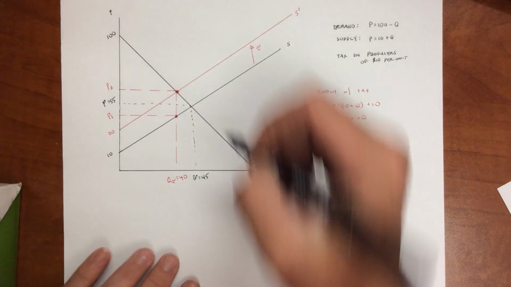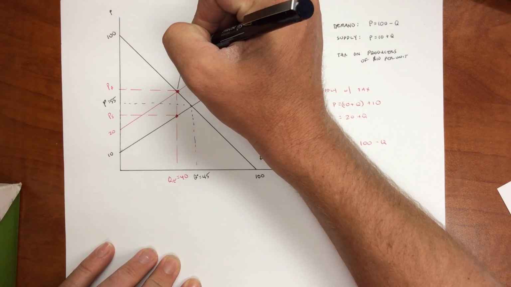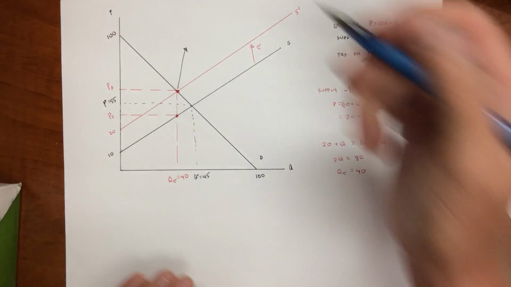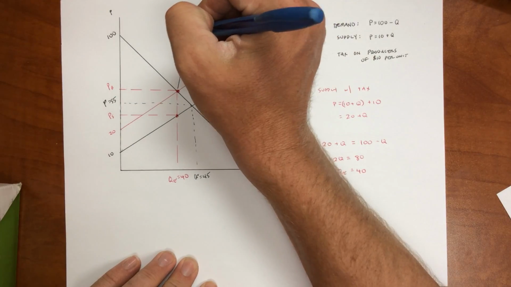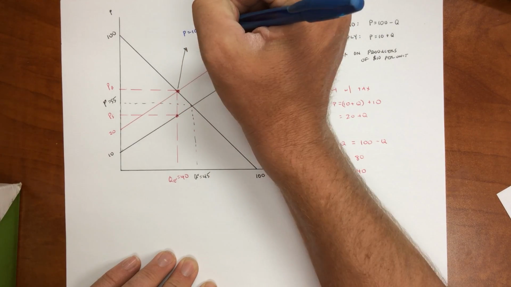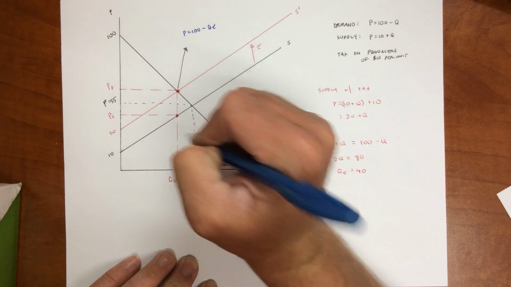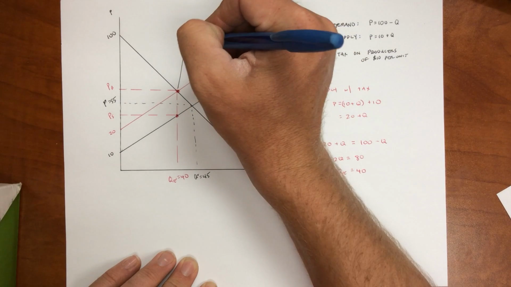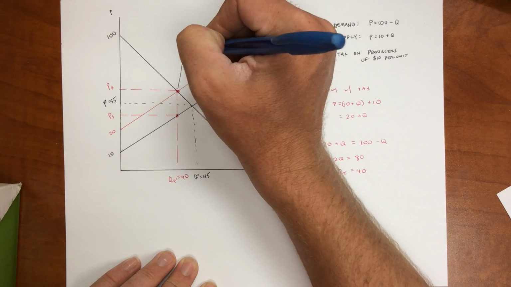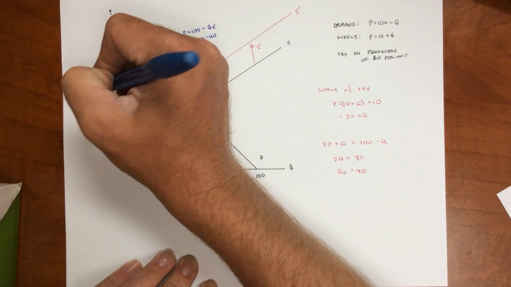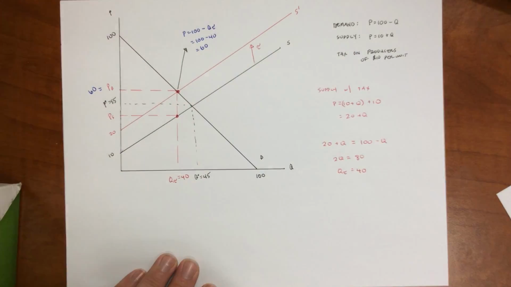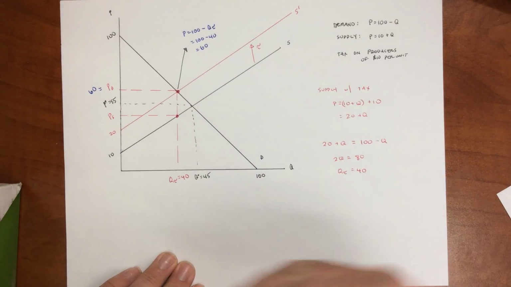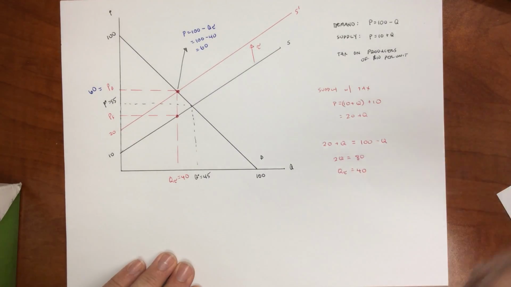So this point here: price is equal to 100 minus Q with taxes, which is 40. So it's 100 minus 40, where the new price is 60. So the buyers have to pay $60. Now, $60 is the price that the seller receives plus the tax.